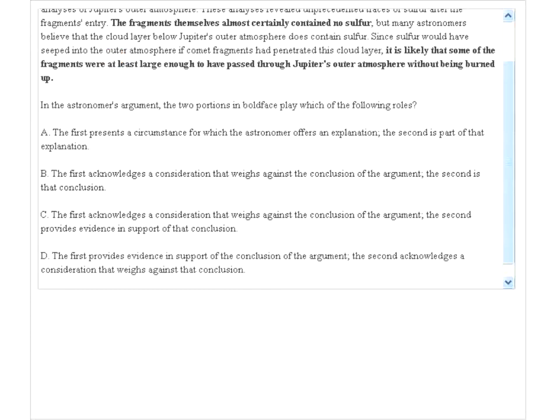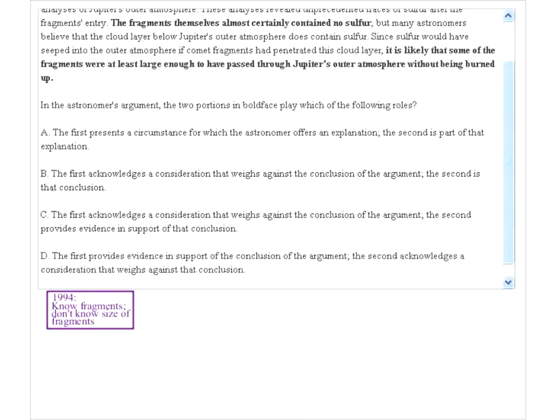So paraphrase: we know that there's fragments, don't know size of fragments. In 1994. Okay, so that's a statement.